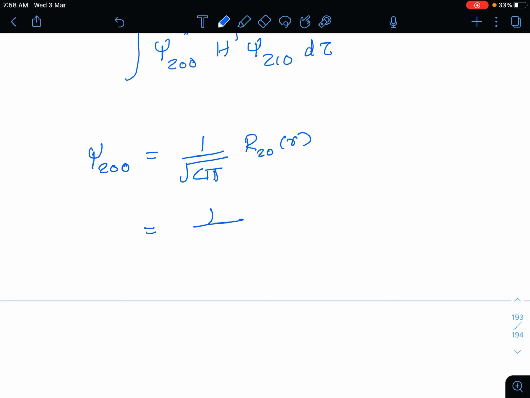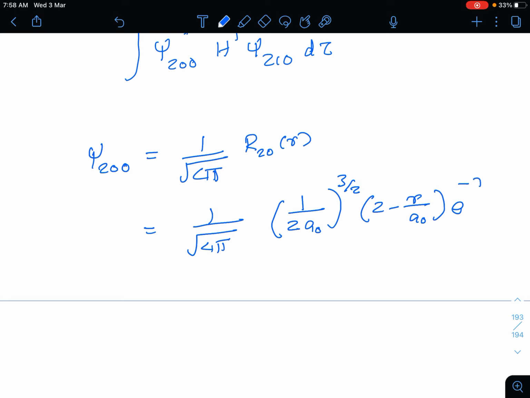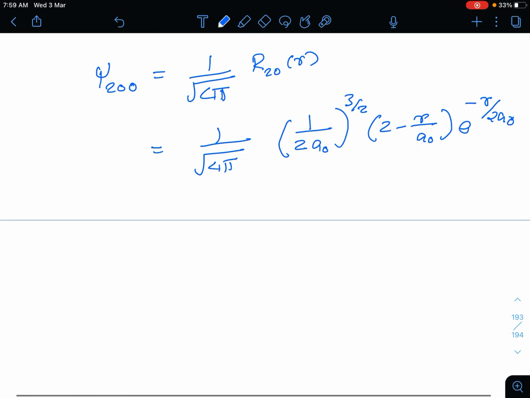So 1 by root of 4 pi, that is 1 by 2a0 all raised to 3 by 2, 2 minus r by a0 e raised to minus r by 2a0. Good. That is psi 200.